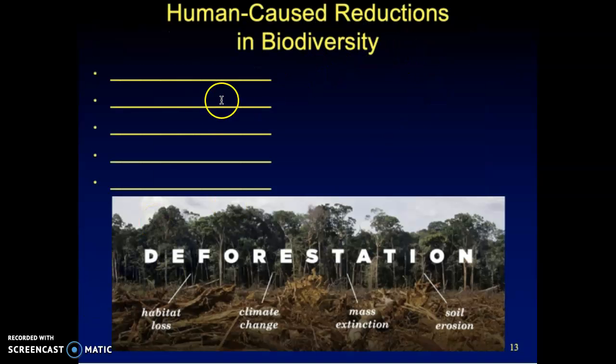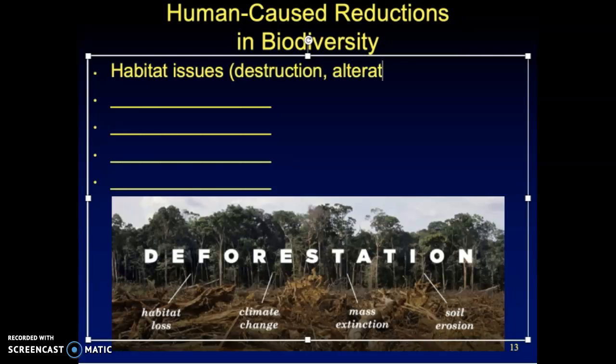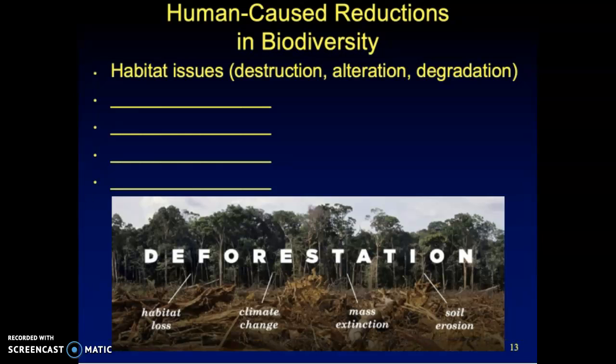And the acronym that makes it easy to remember is the acronym HIPPO, H-I-P-P-O. But when we talk about human threats to biodiversity, number one in your favorite list here is habitat, and I'm just going to call it habitat issues. So it could be stuff like habitat destruction, habitat alteration, habitat degradation.